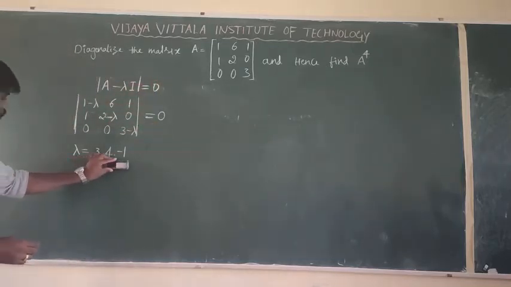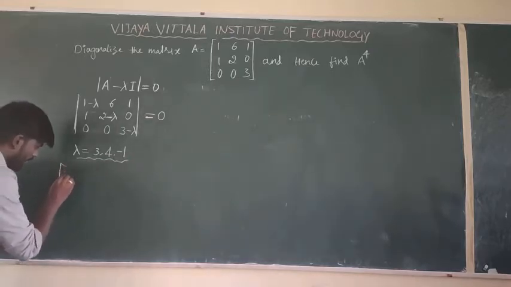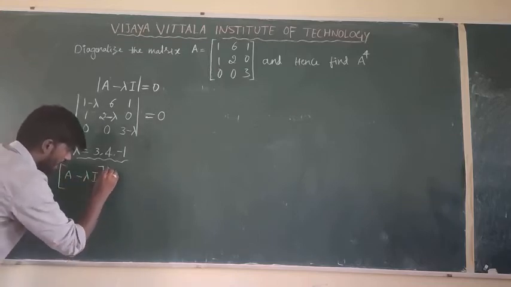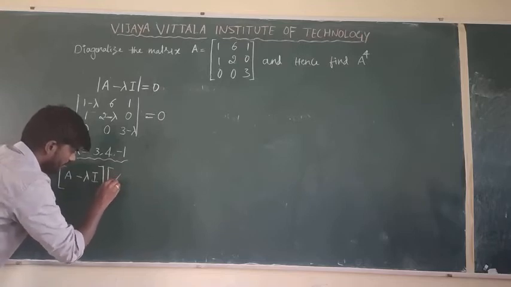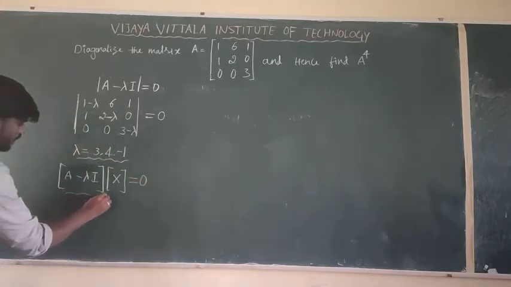Next we have to find the eigenvectors corresponding to these eigenvalues. To find eigenvectors, we use the equation A minus lambda I into X equals 0.